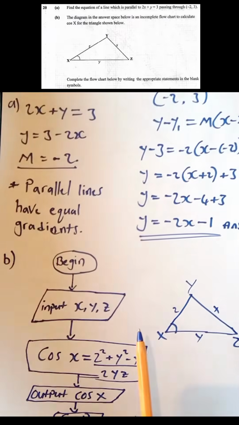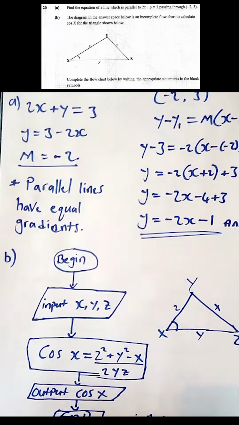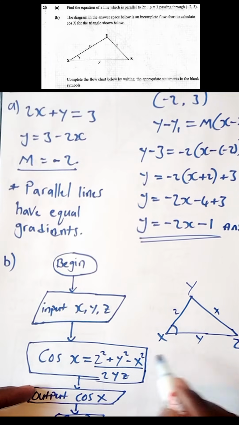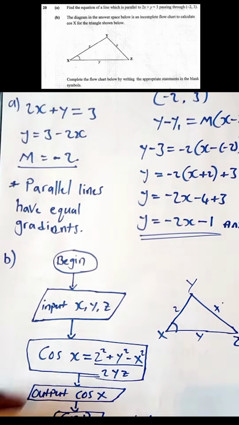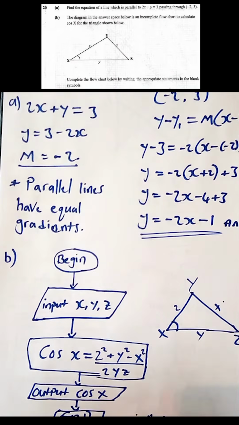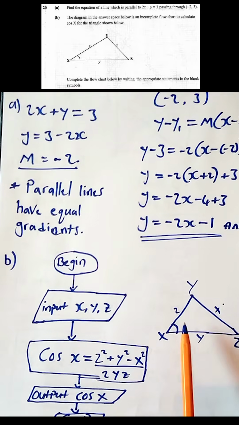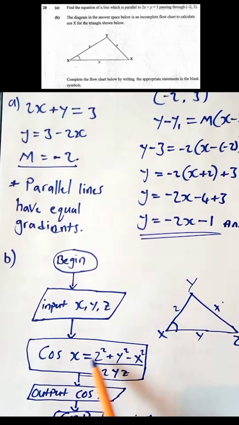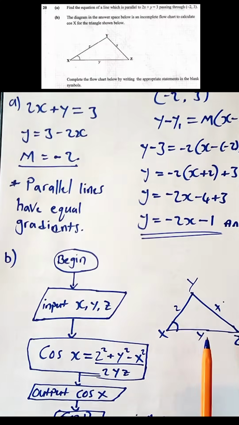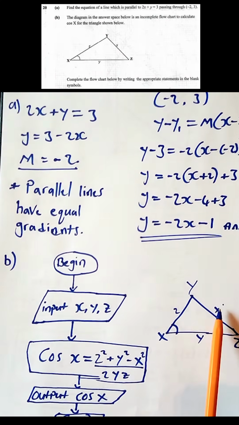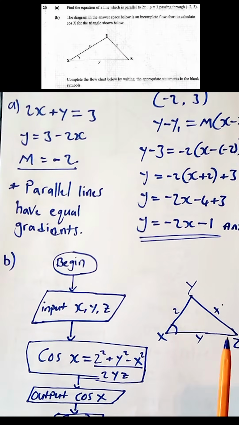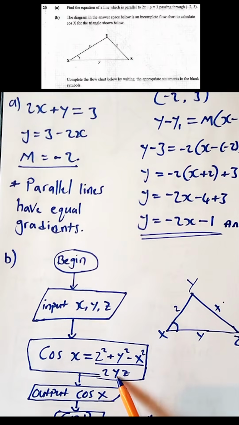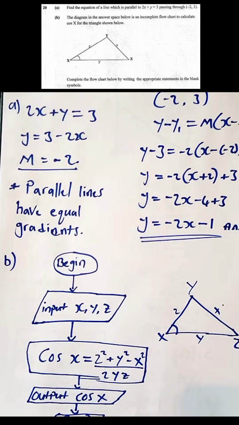For you to calculate cos x, the formula that you need is here. Cos x is equal to z squared plus y squared minus x squared over 2 multiplied by y multiplied by z. This is the formula you need.